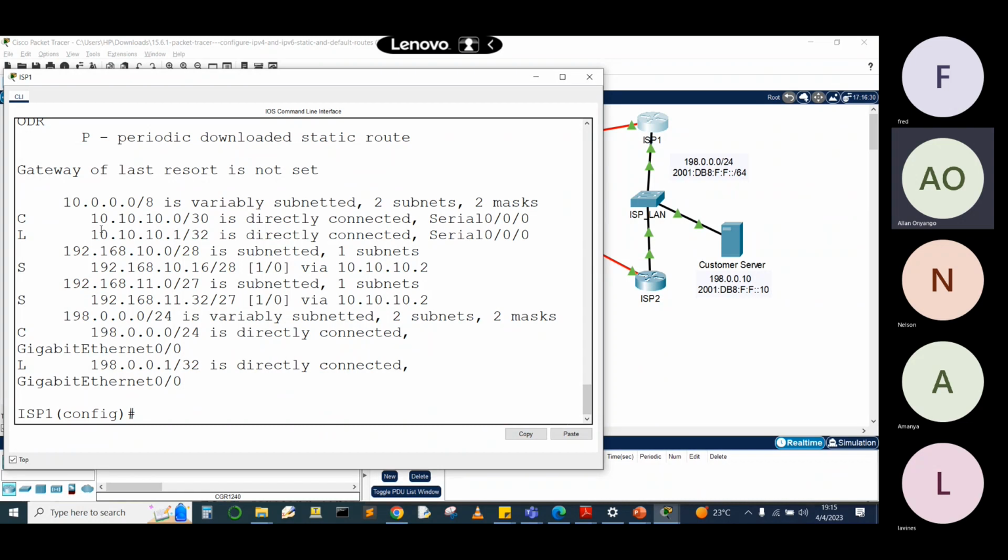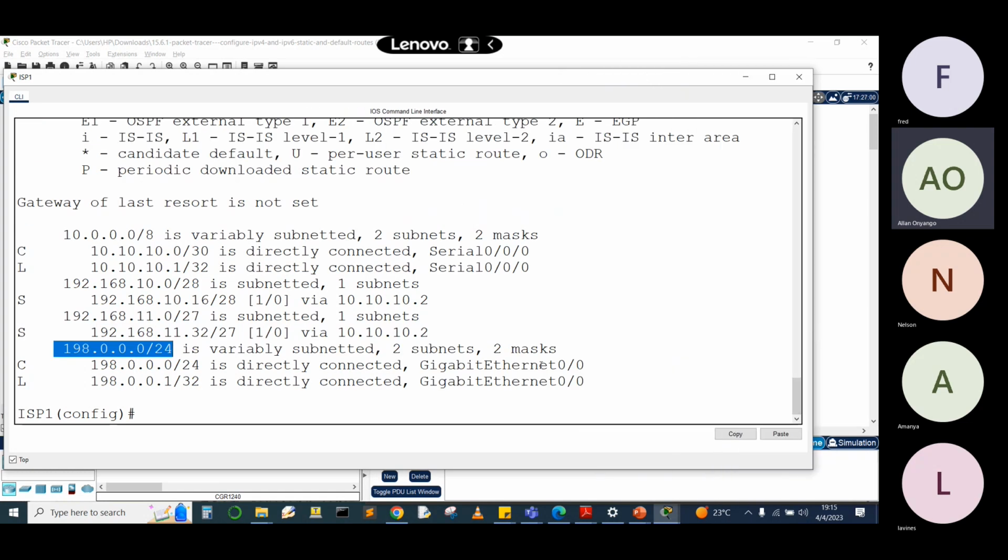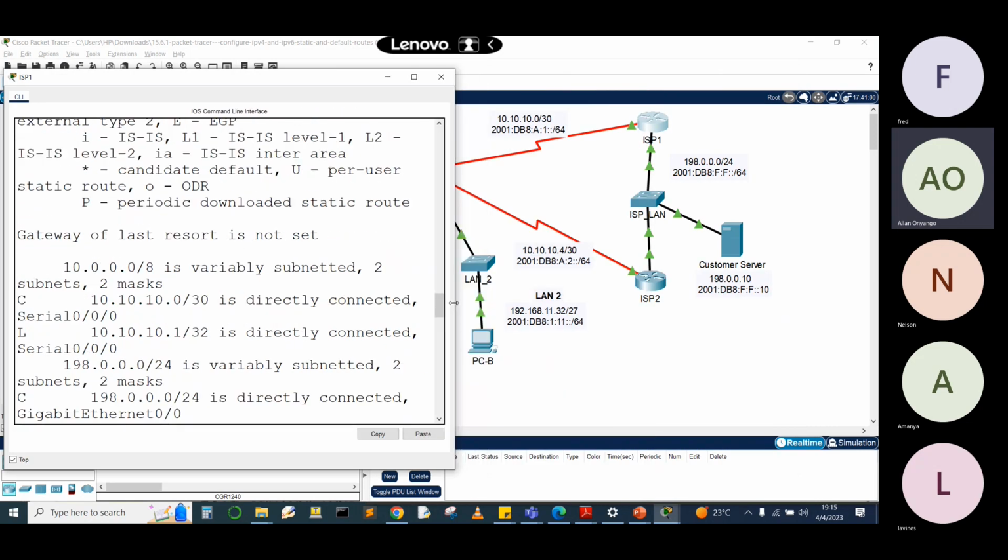And we look here, 198.0.0.0. Let me just open this broadly. Look at the interfaces here. 198.0.0/24. You can see an L and a C, but their interface is actually G0/0. That's what we are looking for. That's all that we are looking for.